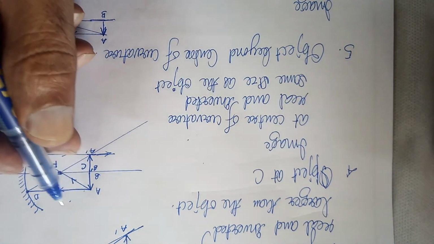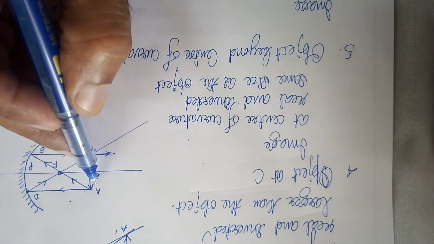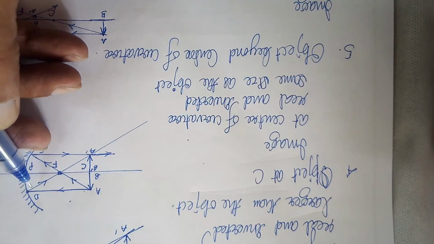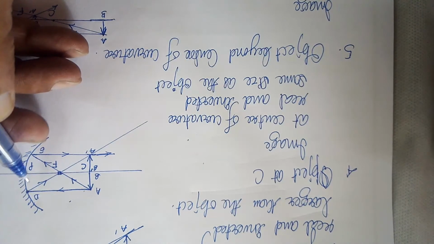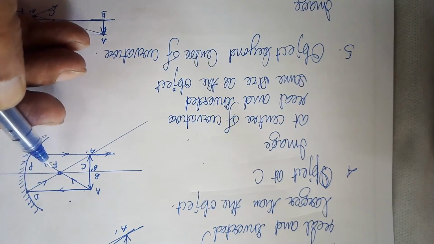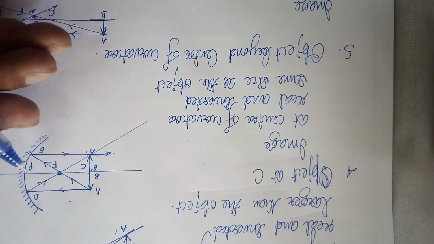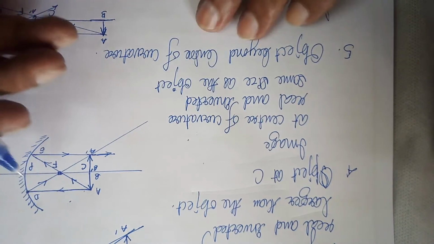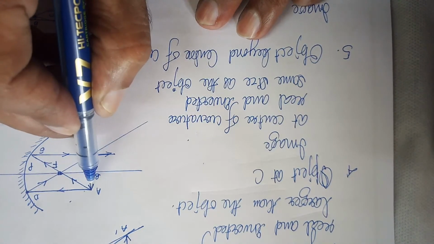As we have studied earlier, a ray of light passing parallel to the principal axis will reflect and pass through the focus of the concave mirror. Now this is the reflected ray DA dash.